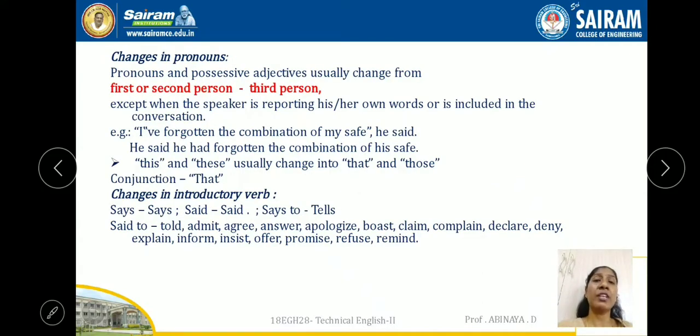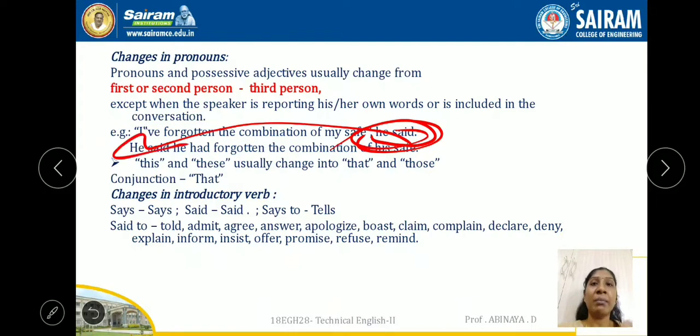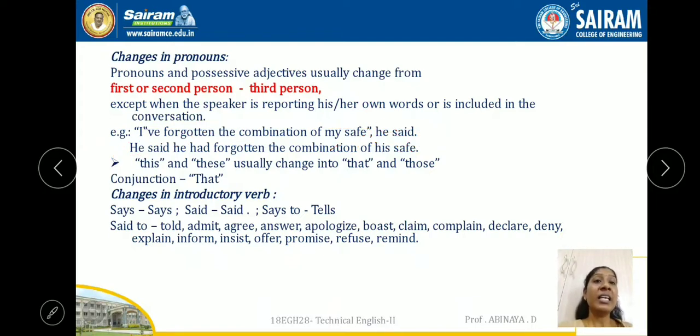And changes in pronoun: the first person has to change into third person pronoun, right? See that. I have forgotten the combination of my safe. He said. I already told you there are three or four structures. So whenever you are converting that to indirect, this 'he said', 'John said' has to come in the beginning only, right? So, he said he had forgotten.